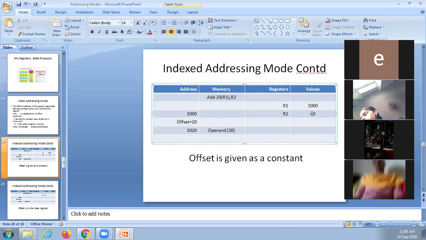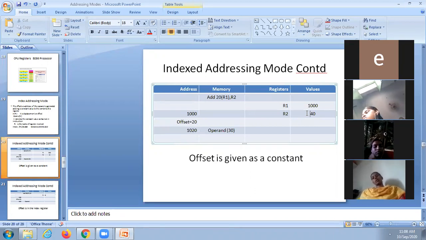All of you got it, or any doubt? If you have any doubt, I will explain once again, because this is crucial for the addressing modes. Once you understand this, the remaining will be easy. Totally 4 addressing modes are related to this index addressing mode.